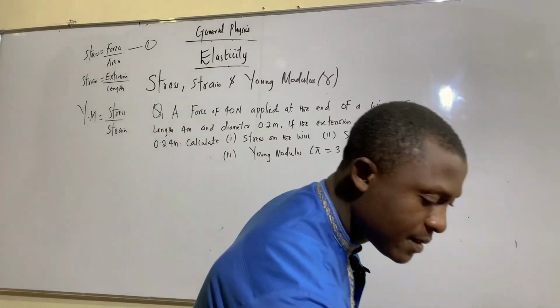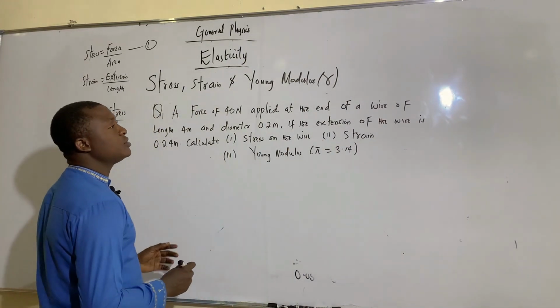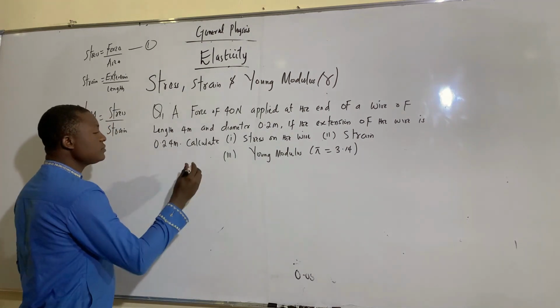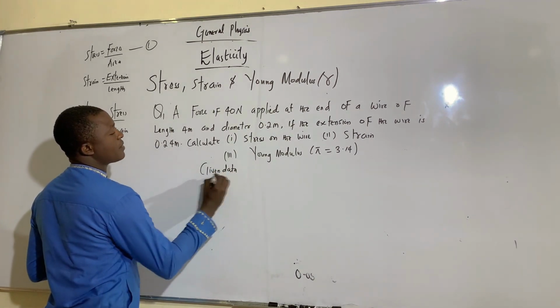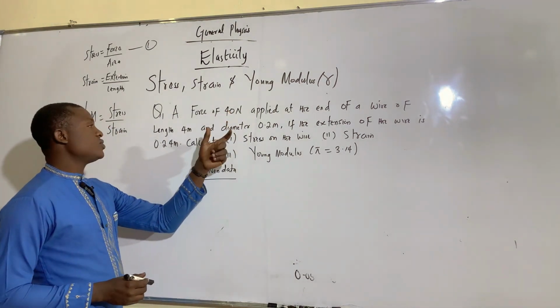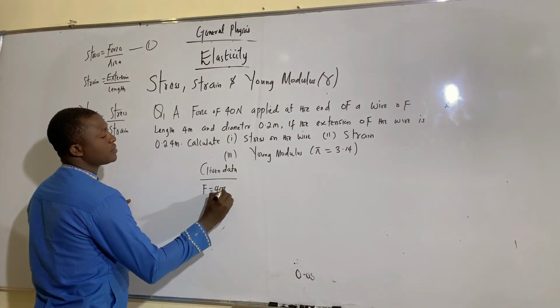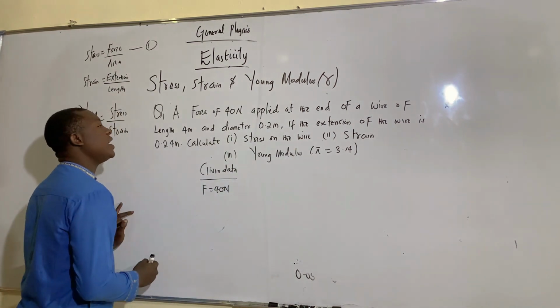So now, the first thing we are going to do here, we firstly pick out the given data. That's the first thing to be considered. They say the force of 40 Newton. So that means you are given force to be 40 Newton. Applied at the end of the wire of length 4 meters.